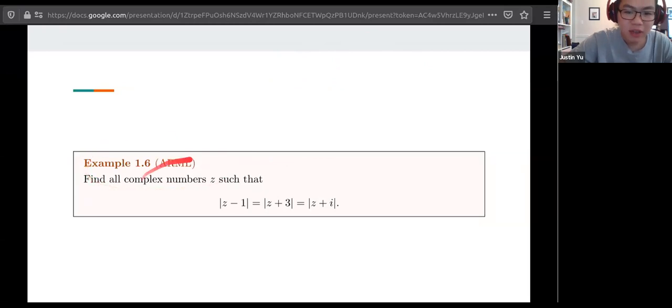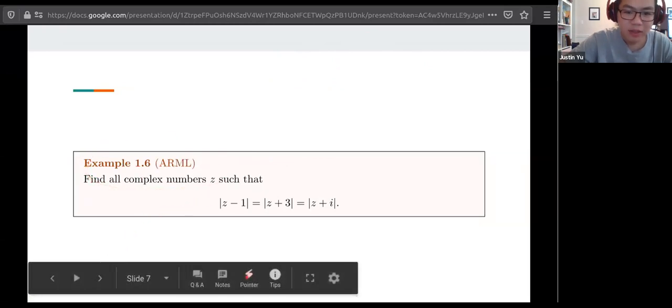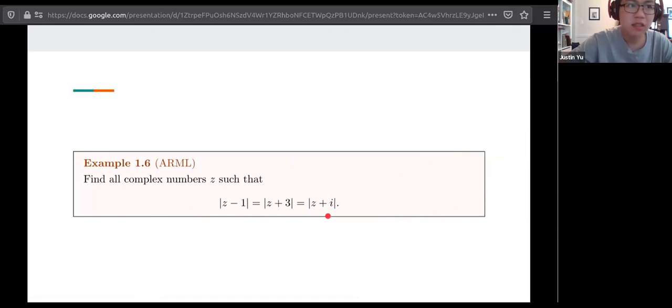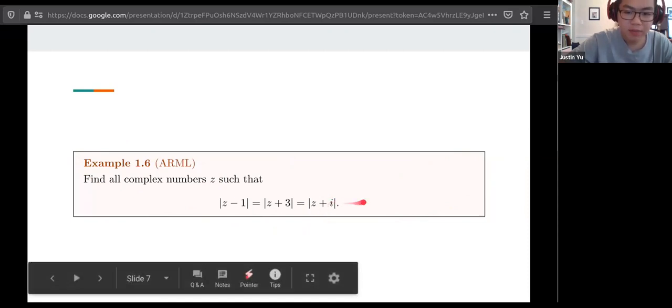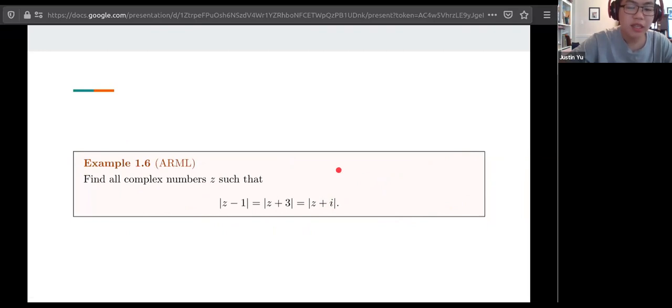All right, so now we have an ARML problem, from competition. This is a bit similar. This uses that magnitude notation that we introduced earlier, so I'll go over that, but just take a few seconds to get this copied down so you can work on it. I will try and rewrite the problem when I switch to the whiteboard.